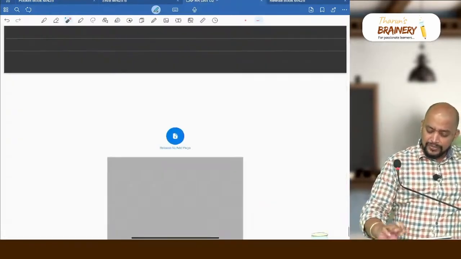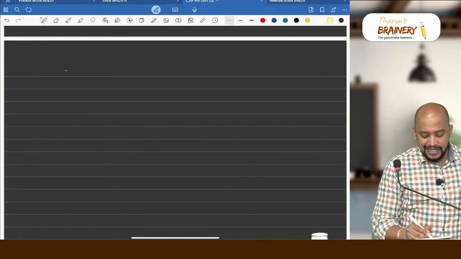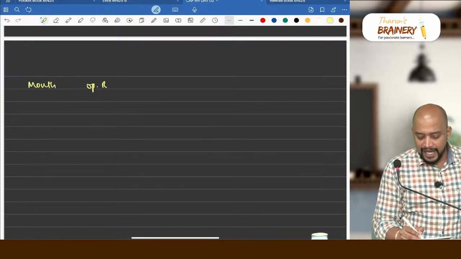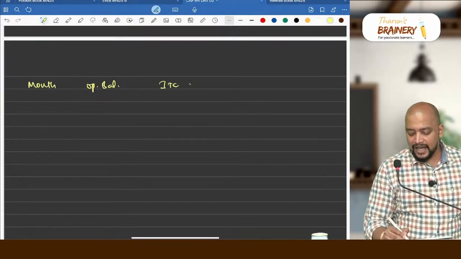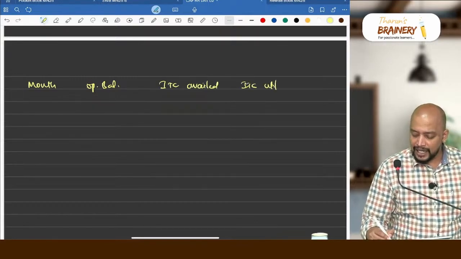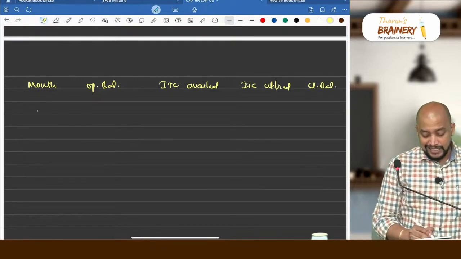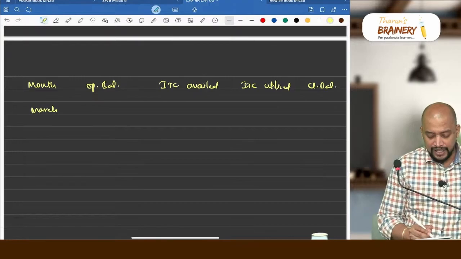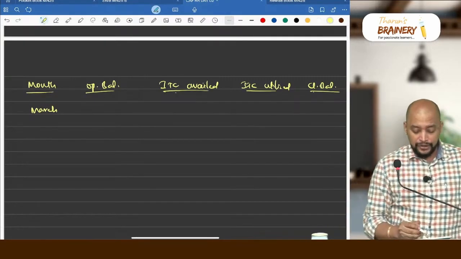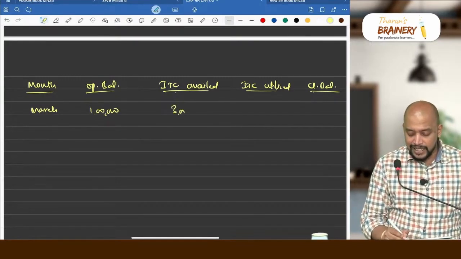Say for example I have wrongly availed ITC. We have columns: month, opening balance, ITC availed, ITC utilized and closing balance. For the month of March, there is an opening balance which is the closing balance of February, that is 1 lakh, and ITC availed is 3 lakhs.